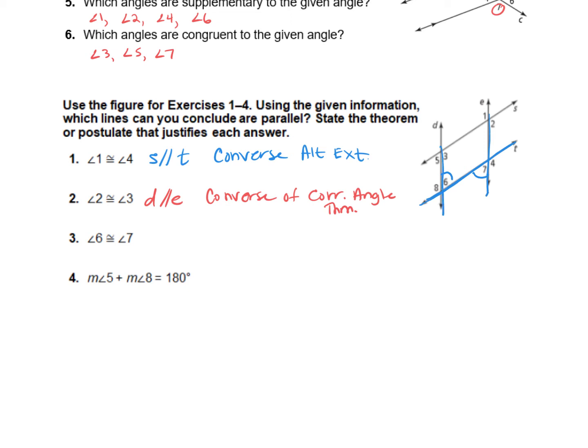So I think that D is parallel to E. How do we know what angle pair 6 and 7 is? Those are alternate interior angles. So if you start out with alternate interior angles being congruent, the converse of the alternate interior angles theorem leads us to having parallel lines.